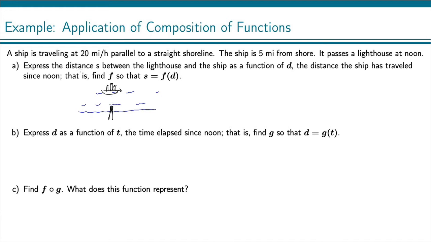And we would like to express the distance between the lighthouse and the ship as a function of the distance the ship has traveled since noon. So this ship is going to continue moving, and it's going to end up maybe over here somewhere. This distance that it has traveled, we are calling d.